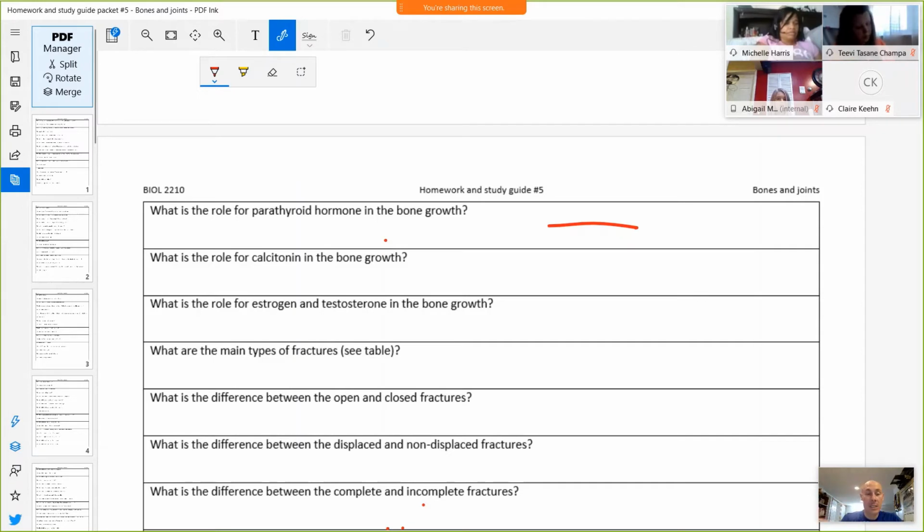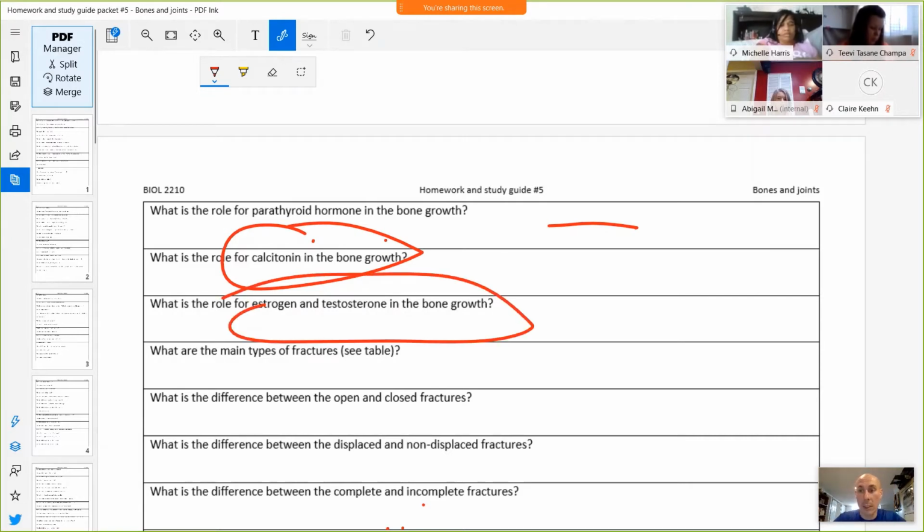Calcitonin stimulates bone growth. Estrogen and testosterone significantly stimulate bone density, and they stimulate bone growth at the beginning of puberty, but the spike of testosterone and estrogen at the end of puberty actually stops the growth of the bone.